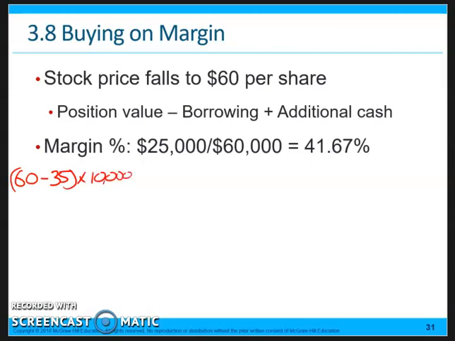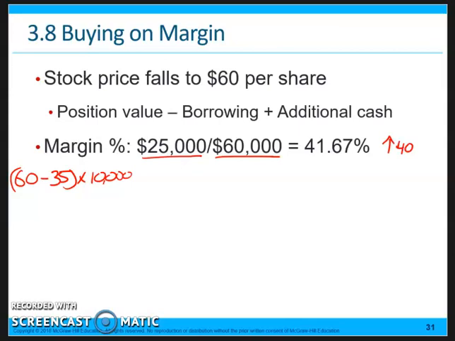That's your equity. This is the value of the position. So that $25,000 is 41.67% of that $60,000, which is above the 40%.